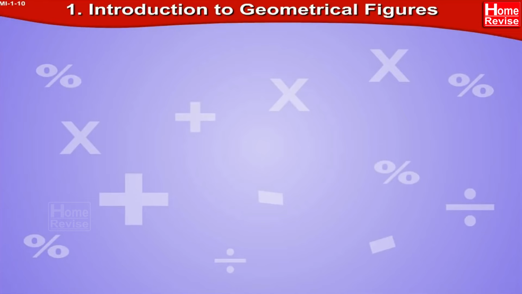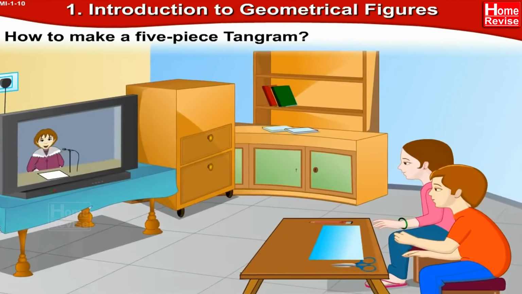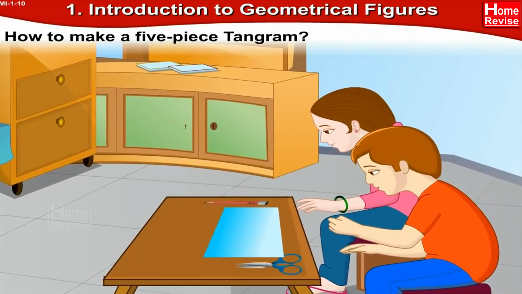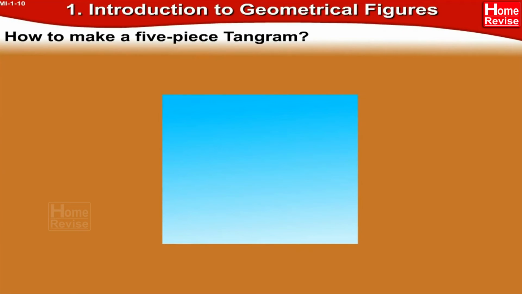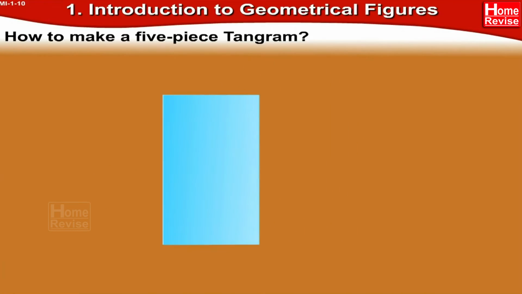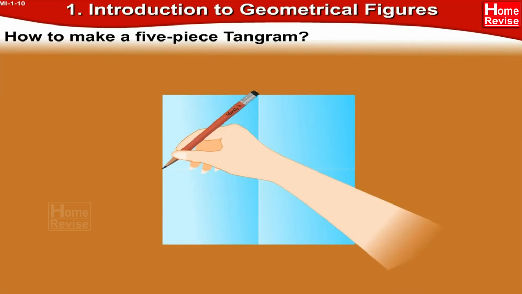Now let's have some fun. Well, let us learn how to make a 5-piece tangram. Take a square piece of paper. Find the center of the paper by folding it twice. Also, mark the center of all the 4 edges.